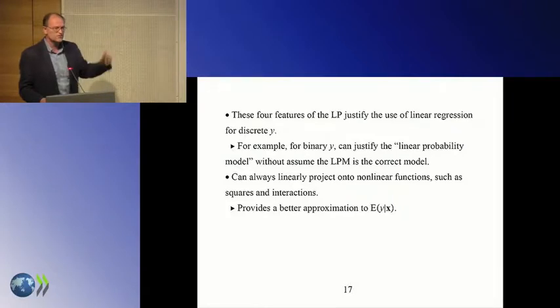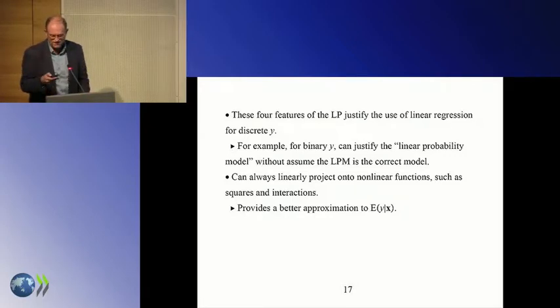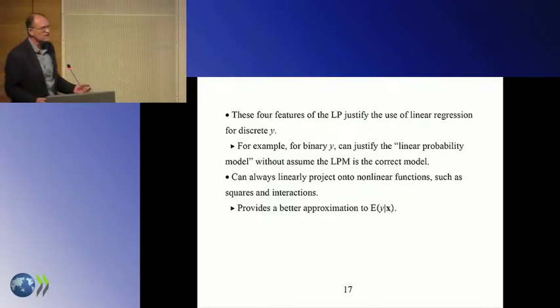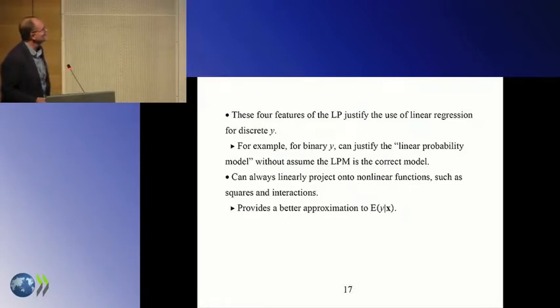The argument is in terms of this linear projection: it gives you the best linear approximation, and there are assumptions under which it gives you the average partial effects, okay? That way you don't have to argue with an econometric theorist about whether it's the true model or not. You just say, hey, I'm estimating the best linear approximation, and then the econometric theorist will go think about that for a while, okay?